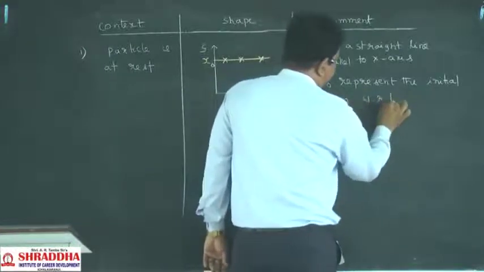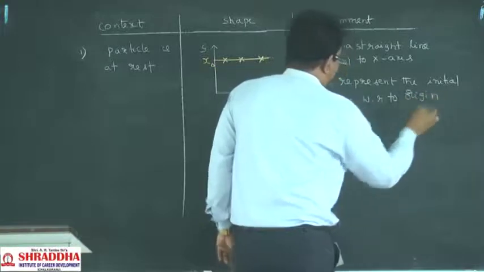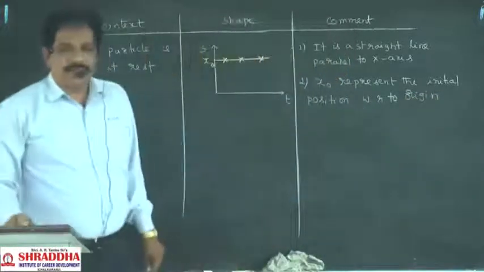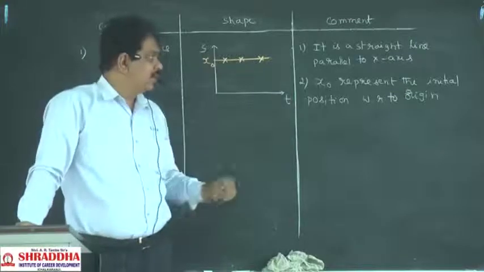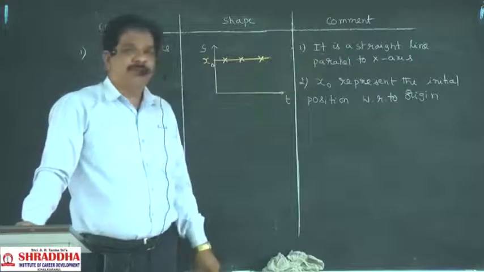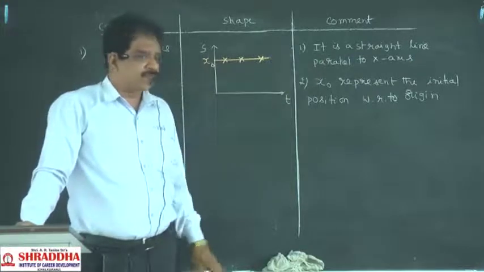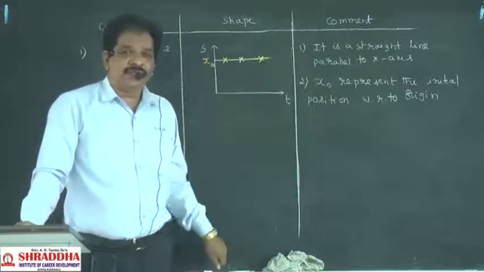X naught will represent the initial position with respect to origin. Graph will be a straight line parallel to x-axis. These 2 points we can understand from this graph.